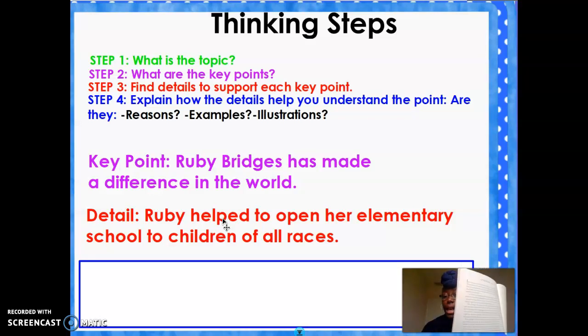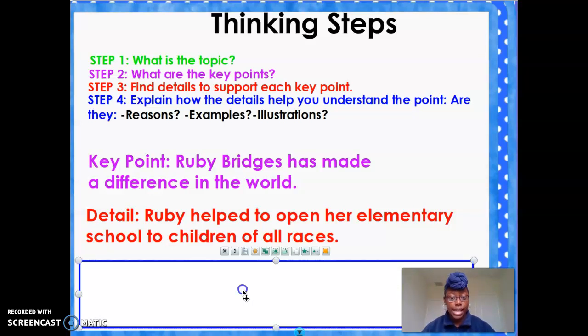So you see, my topic is Ruby Bridges, that connects to my key point on how Ruby Bridges made a difference in the world. And then my detail is that she helped to open up her elementary school to children of all races. And I read you the specific text evidence that supports and shows the key point and detail. Now I need to explain how that detail helps me understand the point.